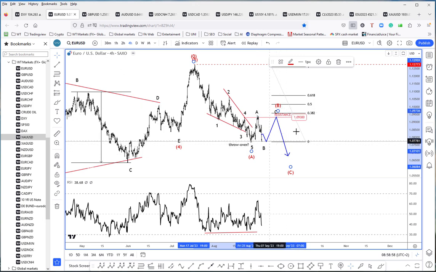If not, then this can still be some kind of flat irregular correction. Any kind of bounce back towards 109.30 is still going to be a very interesting resistance area, maybe for some traders to look at the short side. Definitely, that's the intraday downtrend that in my opinion is still incomplete. So watch out for more levels here after any rally. As I said, 106, 105 is going to be the big downside target.